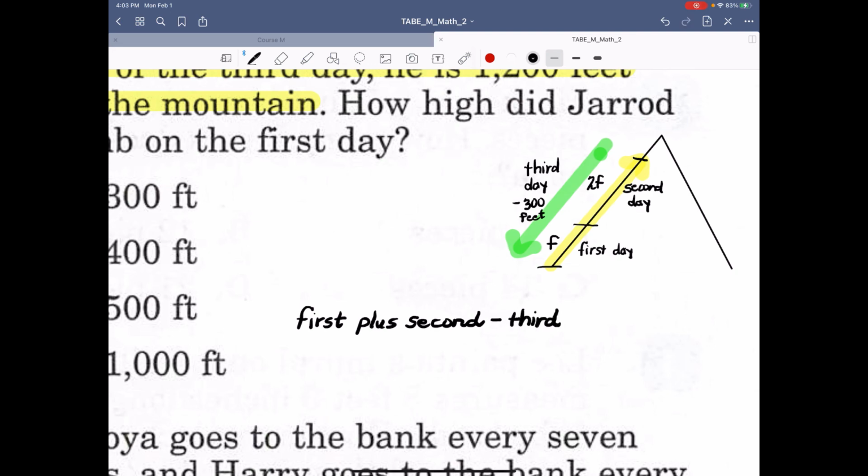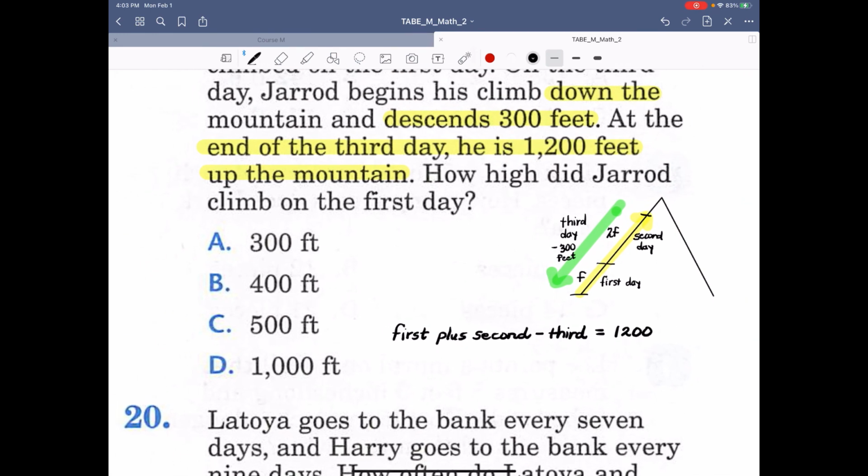And then when we leave him on the mountain, he is at 1,200 feet. So the first day was F. The second day was double that. And then he came back down 300 feet, and now he's at 1,200. So that's what this looks like in word form.